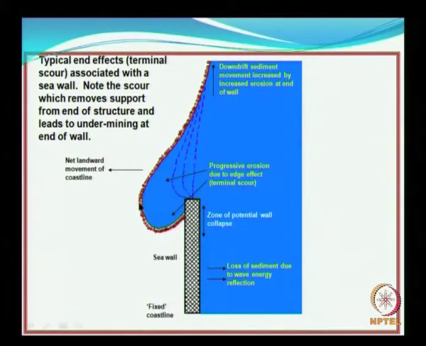This can penetrate into the beach, and it depends on the type of coast. If it is a sandy beach, this can easily take place, and you are likely to have problems. So this is a zone of potential wall collapse, because it is experiencing the terminal's cove, and you expect the failure to start from this end.